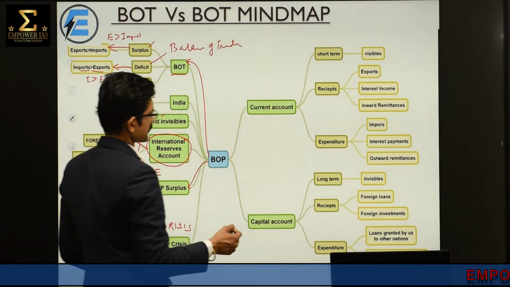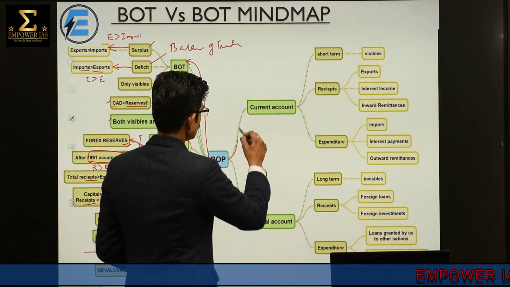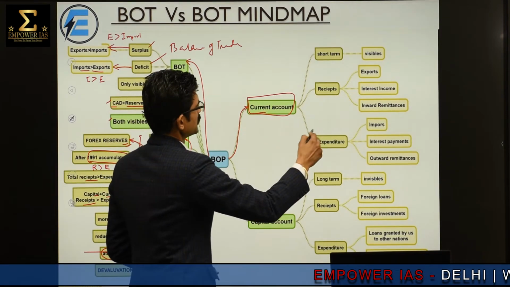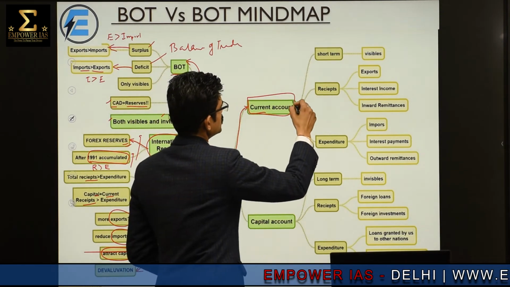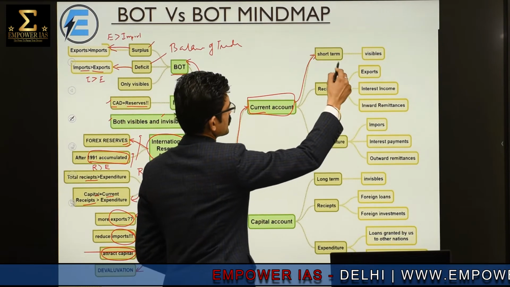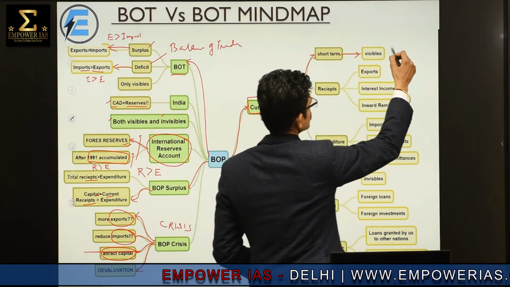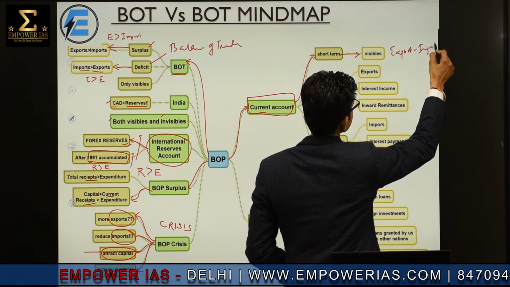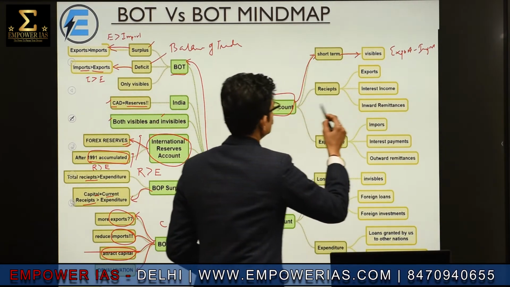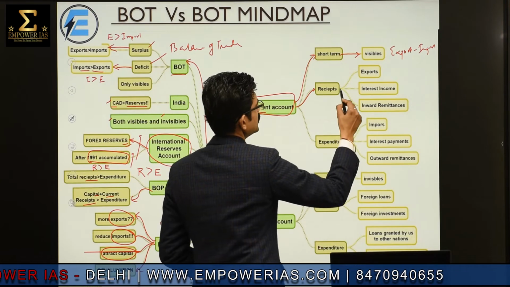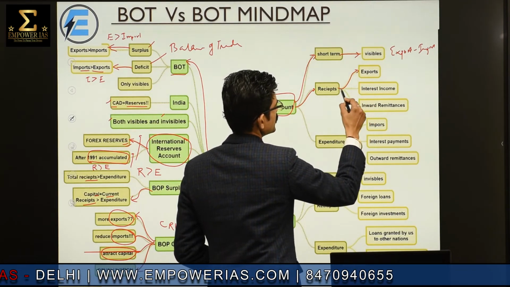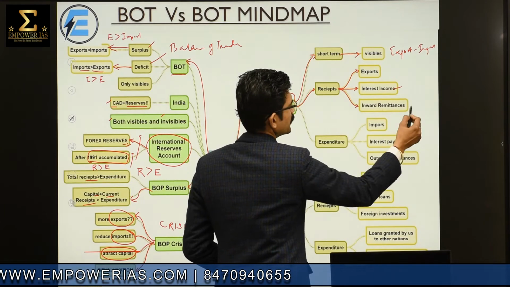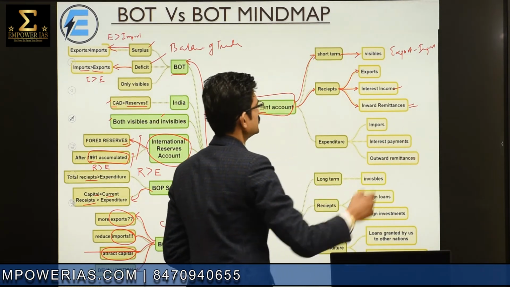Now the next part, the BOP when there is current account. In terms of current account, friends, there are two factors: short term, which are visibles, exports and imports, and taxes. Another are receipts in forms of exports, in forms of interest income, and in the form of inward remittances.